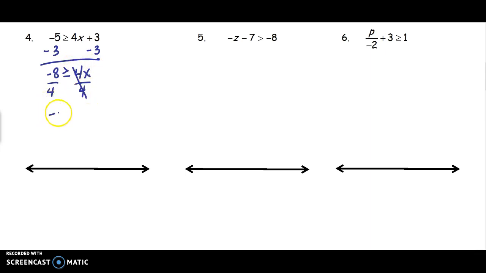So you have negative 2, because negative 8 divided by 4 is negative 2, is greater than or equal to x. But your x is on the right-hand side, so we're going to have to flip the whole problem. There's 0. There's negative 2. Since it's equal to, we have a closed circle pointing to the left.